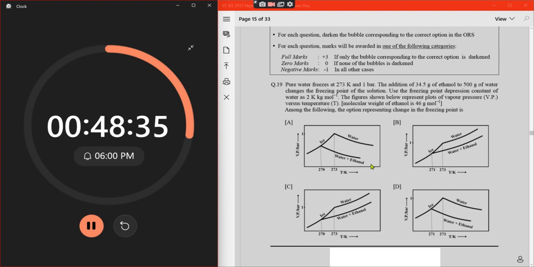P is of the form A e to the power negative delta H upon RT. Delta H is negative for both of these. As your temperature increases, the exponent term will decrease, so your pressure should decrease, I believe. So how is this happening? It's increasing here, yes? It should decrease in both cases, yaar.